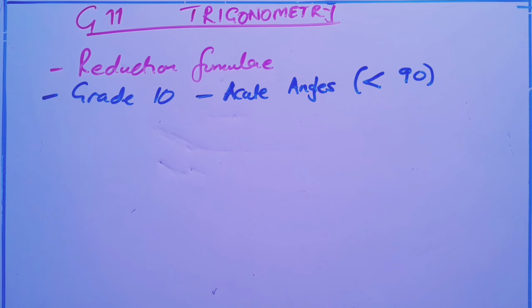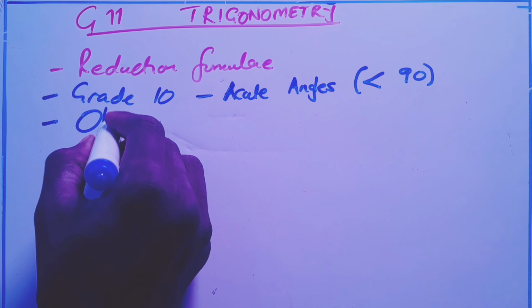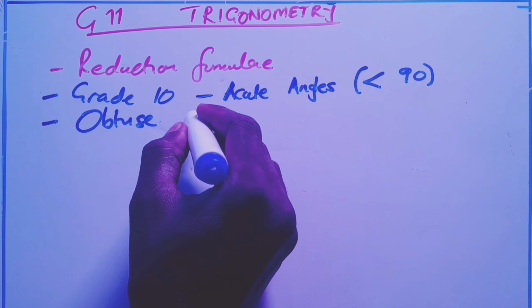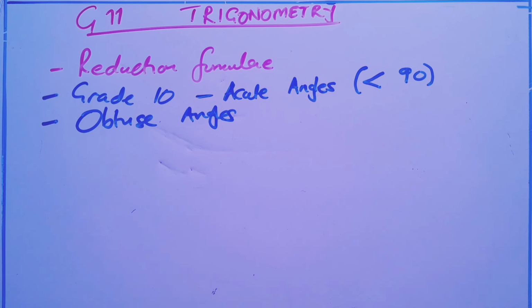So all the angles that we were dealing with were less than 90 degrees. Now we are going to deal with angles that are even greater than 90. So we're going to deal with obtuse angles, or even more than that, reflex angles, right?